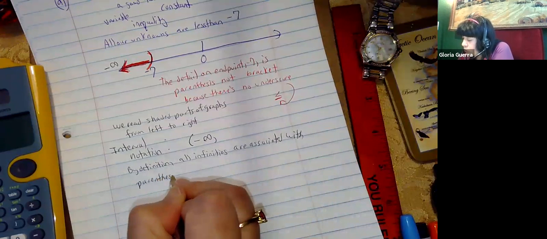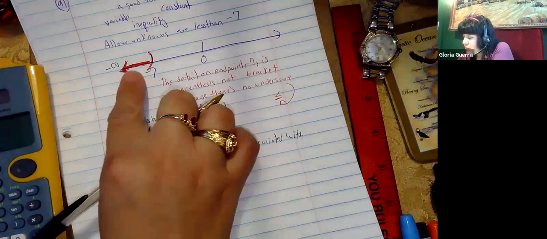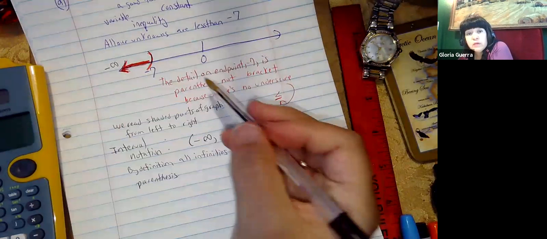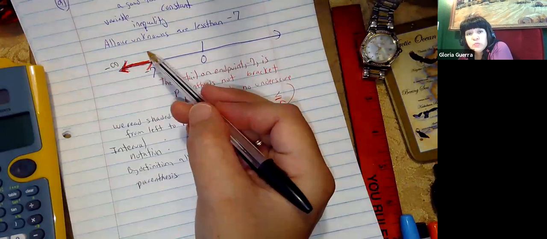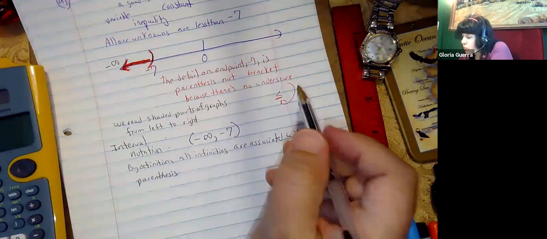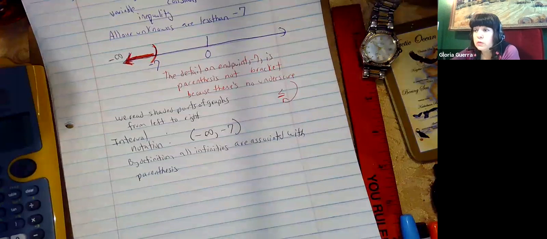That's by definition. So that's why I start from negative infinity all the way, and I stop at -7. And then I need to describe this ending part, which is parentheses. Okay, not a bracket, no underscore. Okay, so that's the interval notation for 21.